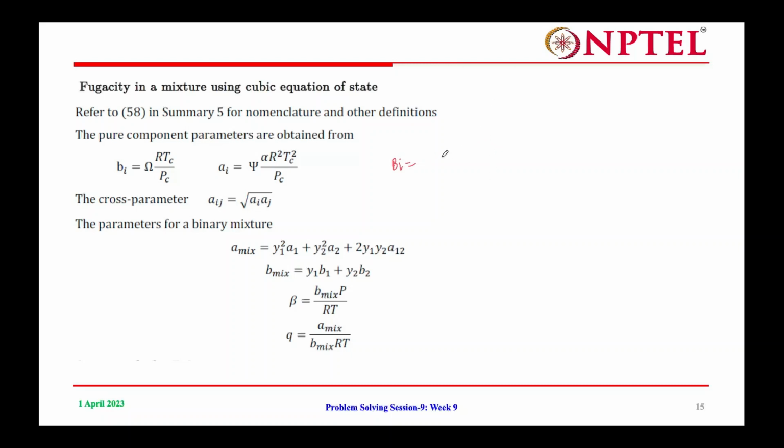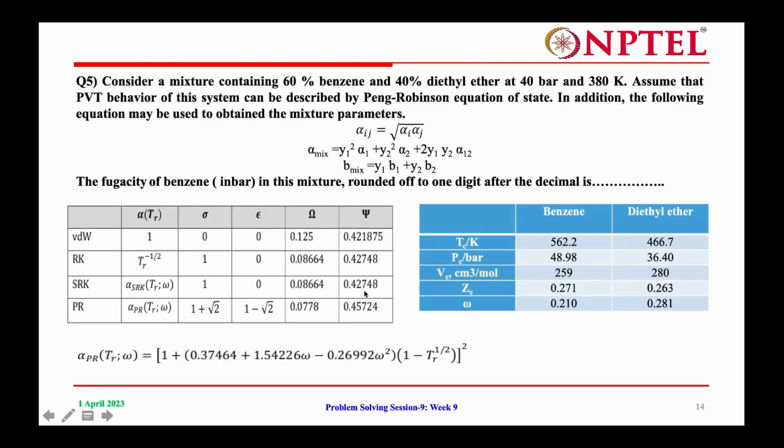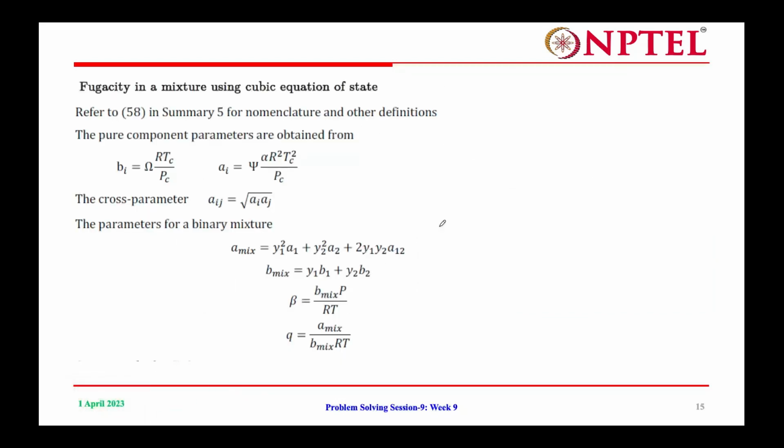B1 is 742.44 centimeter cube per mole, and B2 for diethyl ether is 29.32 centimeter cube per mole.